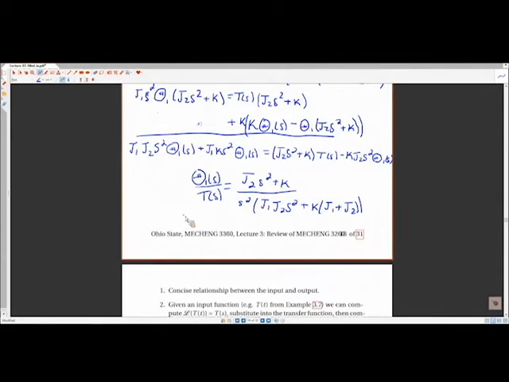So theta 2 of S over T of S is going to be just K divided by S squared times J1 J2 S squared plus K times J1 plus J2, the same denominator as the other transfer function actually, and these are the two transfer functions that define our system.